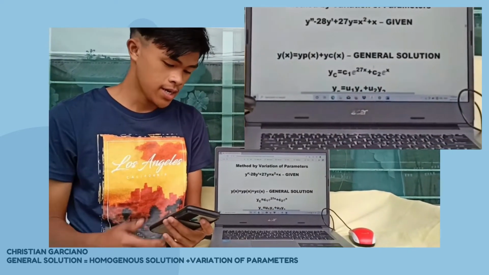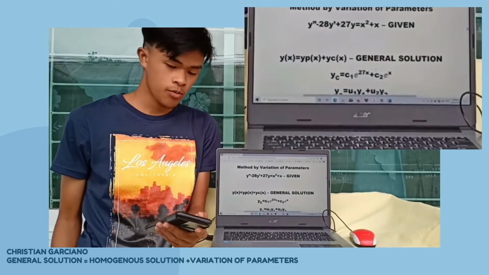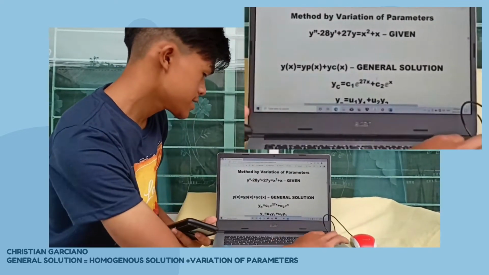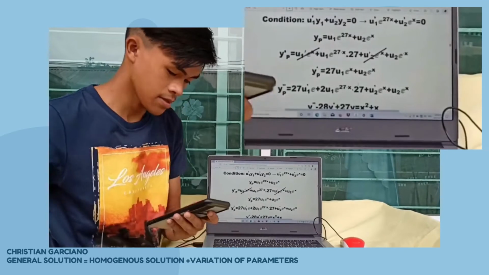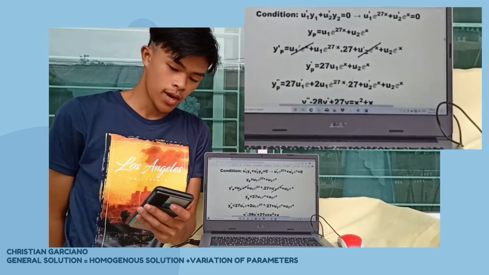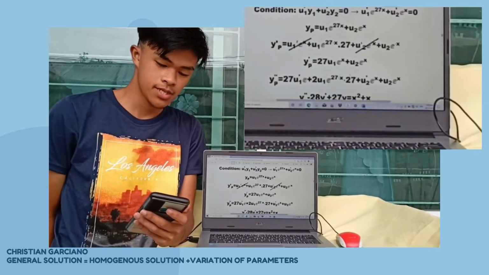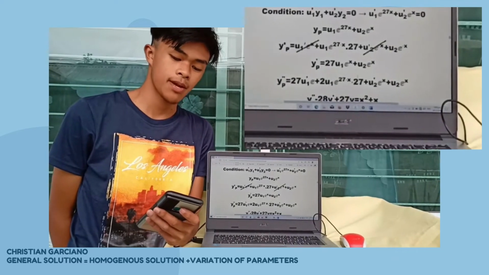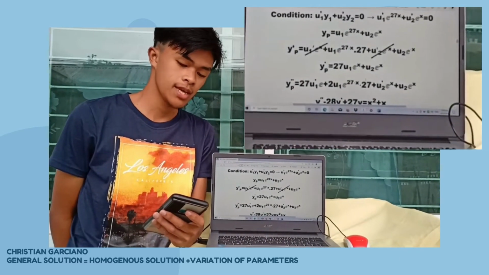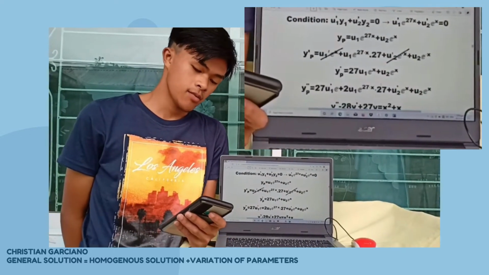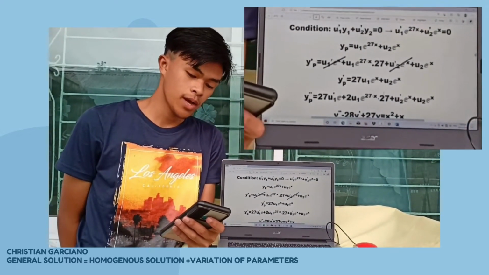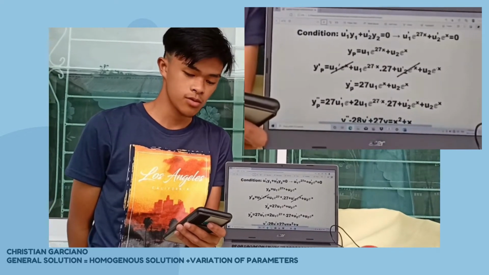And the complementary solution is yc equals c1 e^27x plus c2 e^x, and the yp equals u1 y1 plus u2 y2.